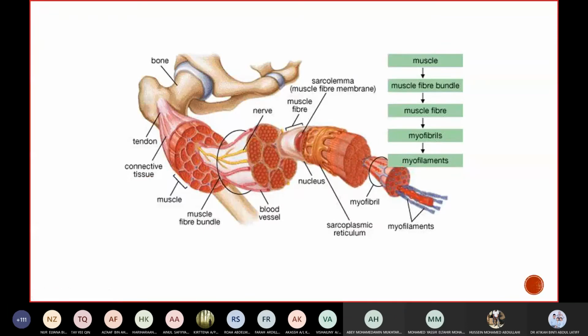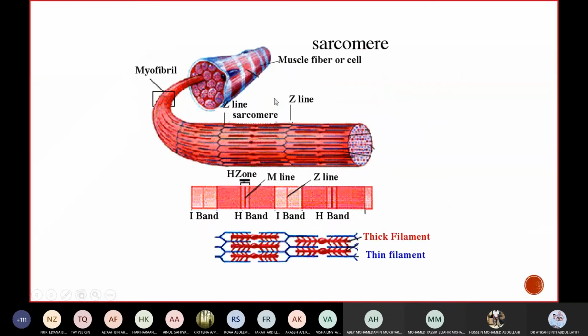Okay, so again, this is the arrangement. If you imagine we take one muscle fiber like this, if you focus on one muscle fiber, you will find it is made of many myofibrils. And here you can see the Z line. Here you can see thick filament and thin filament. The thick filament consists of mainly myosin.